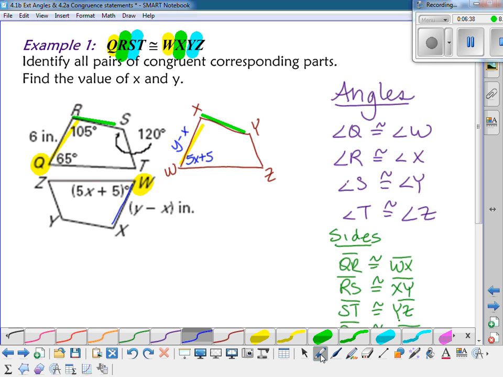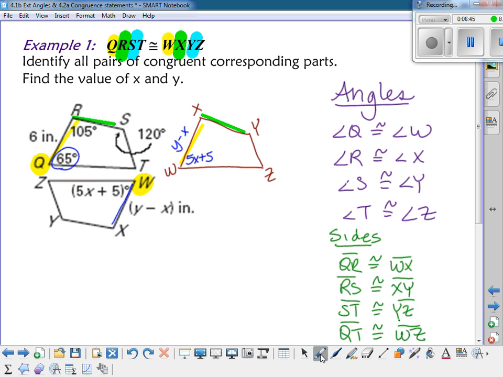So I can first figure out x by using the 65 and the 5x plus 5. Because they're congruent angles, I know they have to be equal to each other. So 5x plus 5 equals 65. If you subtract 5 from both sides, I get that 5x is equal to 60. And then divided by 5, I get that x is equal to 12.